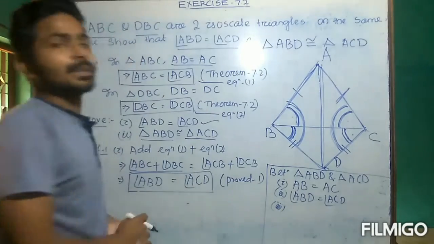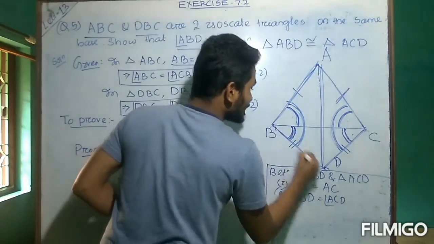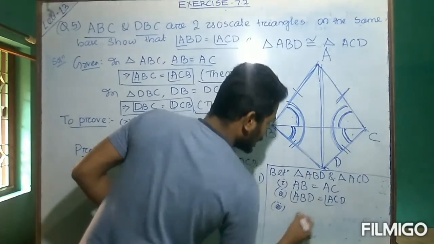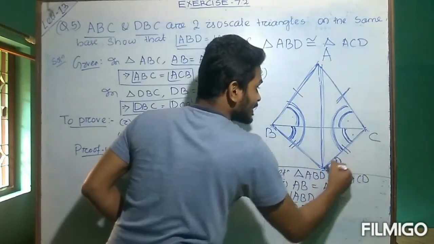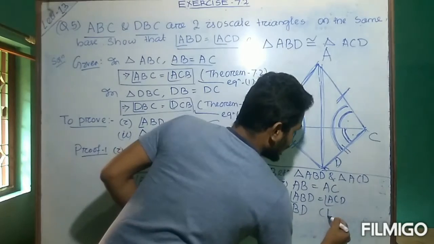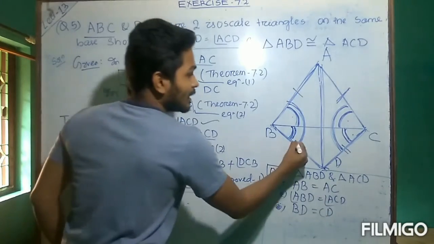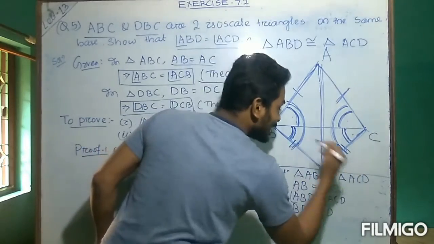Third statement is that for the triangle ABD, this side BD, and for the triangle ACD, this side CD are also equal, since it is already given that BD is equal to CD.